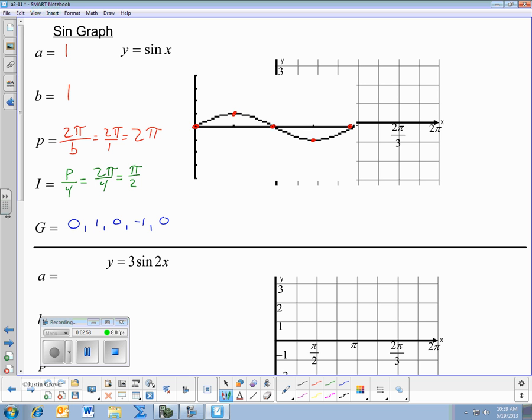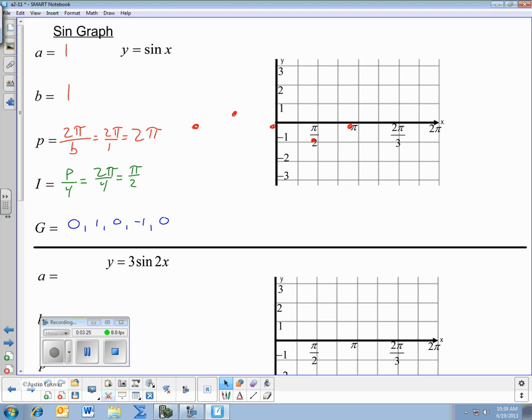I'm talking about the y value at these key points: where the graph starts, the first quarter, the middle of the graph, the 3/4 of the graph, and where it ends. These are your 5 guide numbers, and you have to memorize for sine that it goes 0, 1, 0, -1, 0.